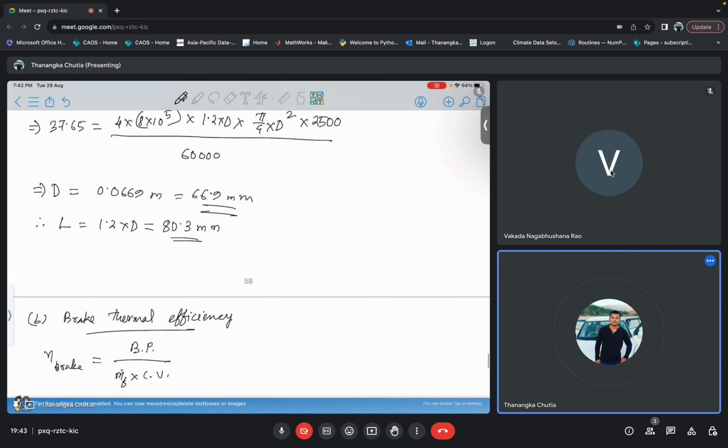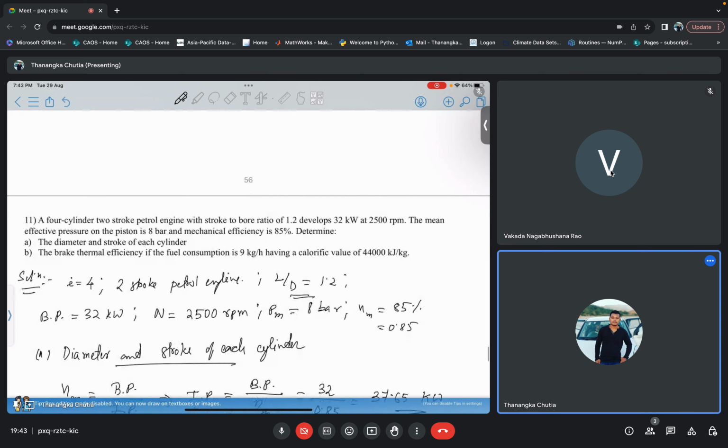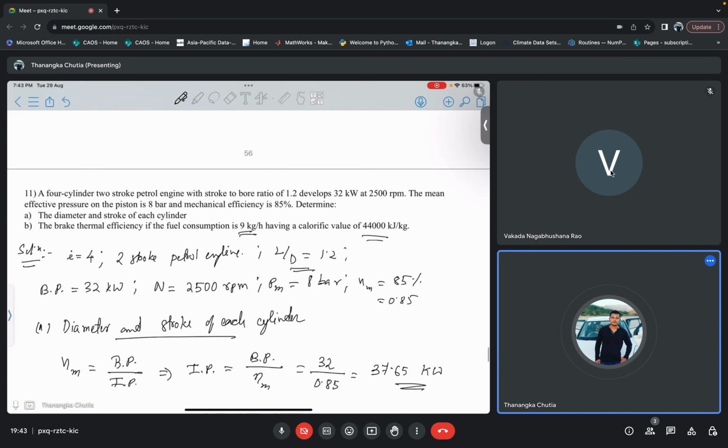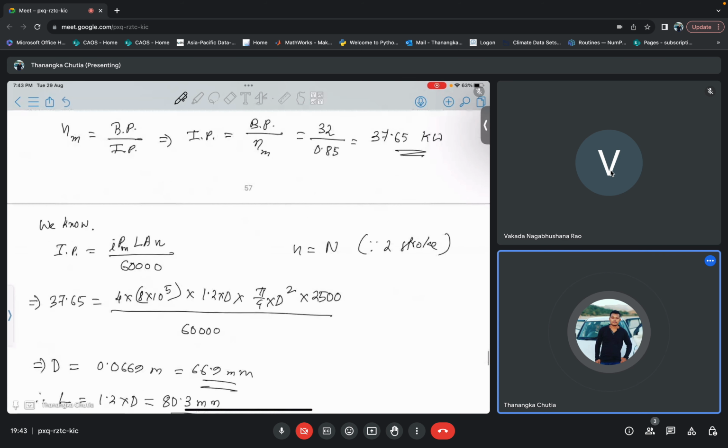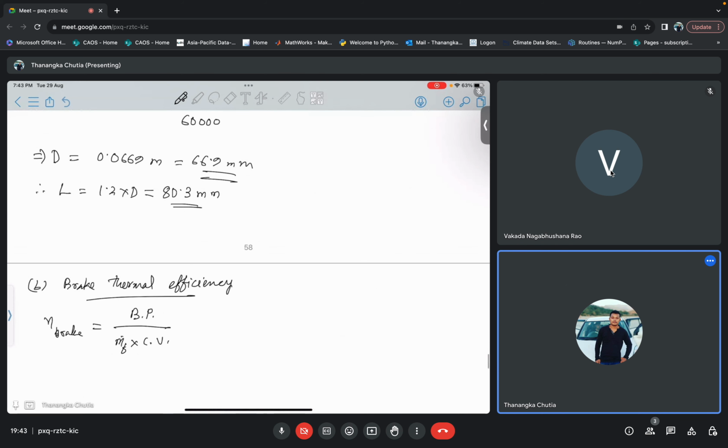Okay, so fuel consumption rate, mass flow rate, is given in kg per hour, and calorific value is 44,000, so everything is given. So we know the brake power. What was your brake power? Brake power was 32.